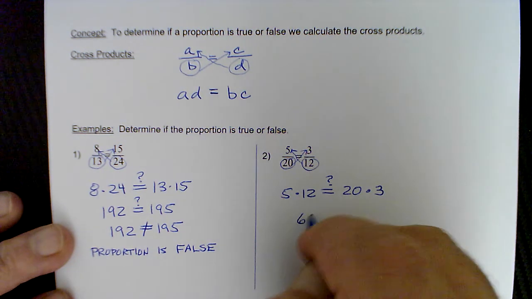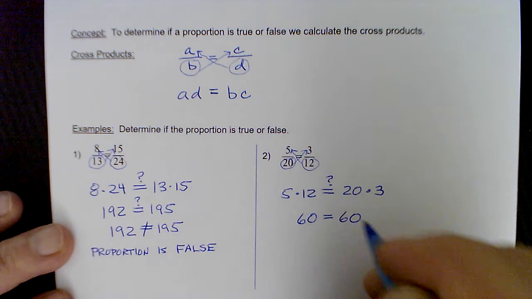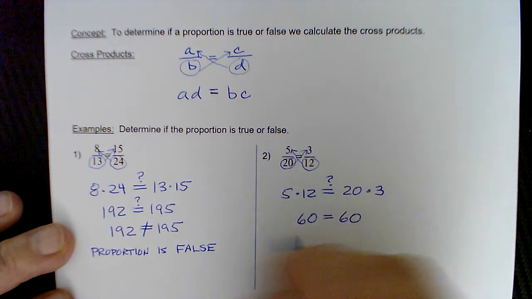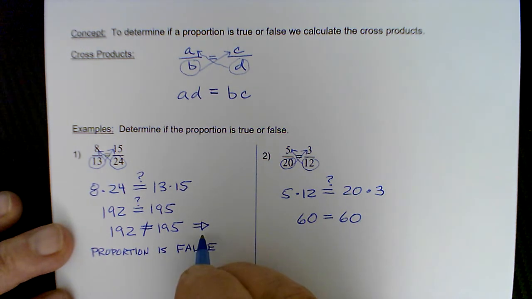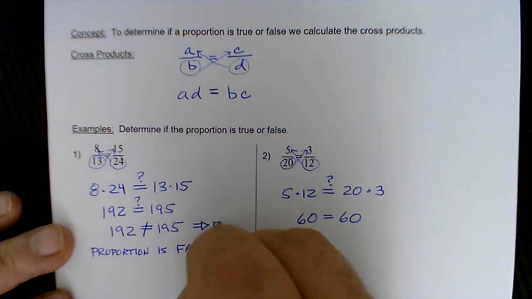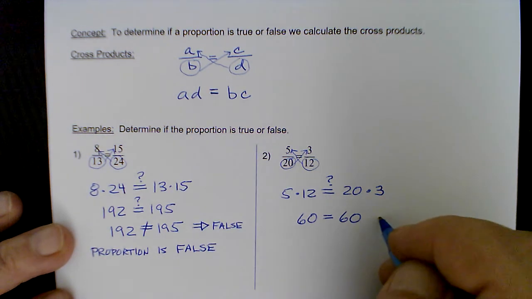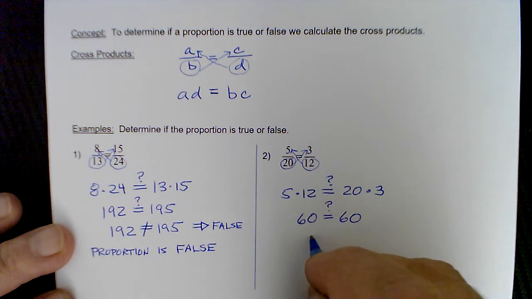5 times 12 is 60, and 20 times 3 is 60. Since that's a true statement, so this one was, I'm going to use these little arrows, kind of like a double arrow, which means implies. So that was a false statement. Okay, maybe it'd be consistent with the little question mark there.